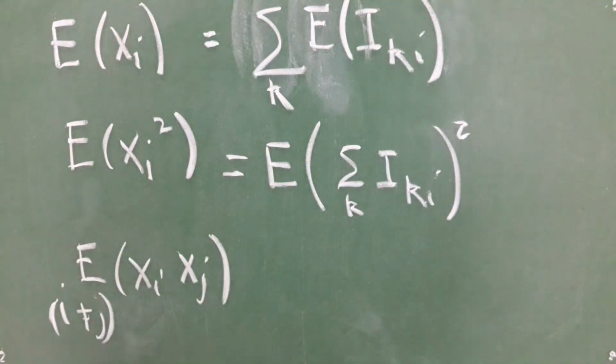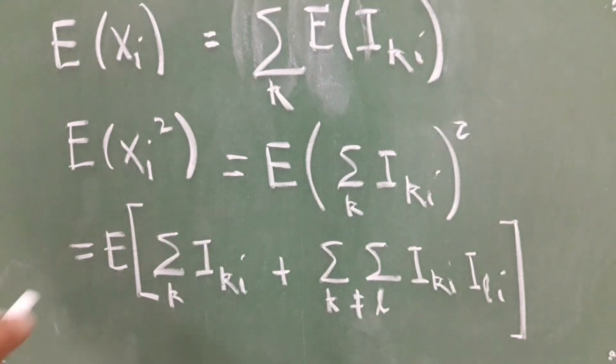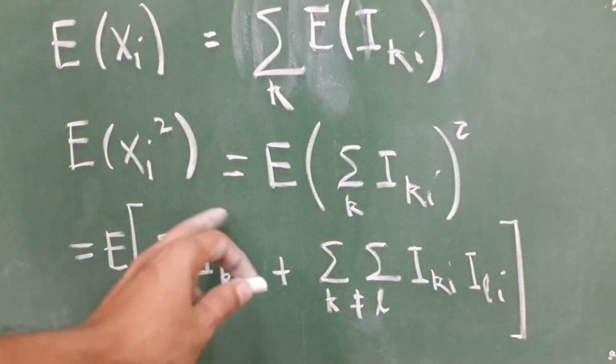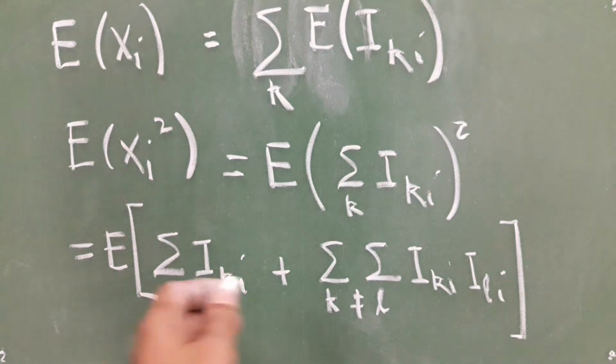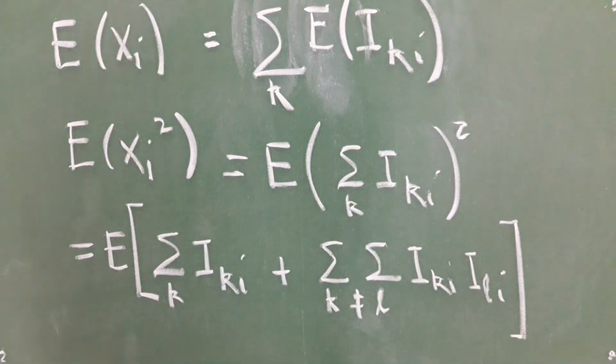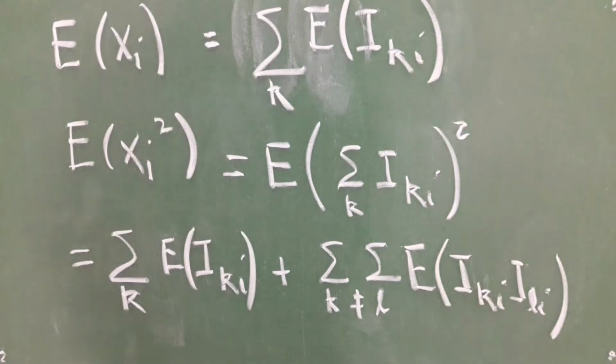So this may be expanded to expected value of the sum, which is basically square, but being indicator they are same as the original thing, and this cross product term. Now I can let expectation go inside and we get this and this. Here remember that I am working with k not equal to l.